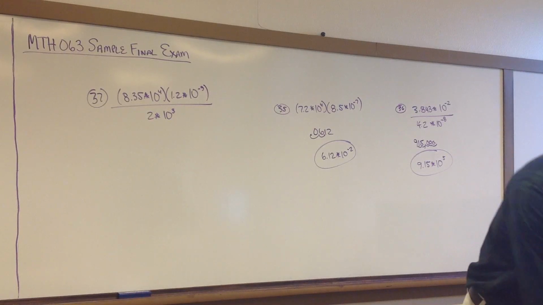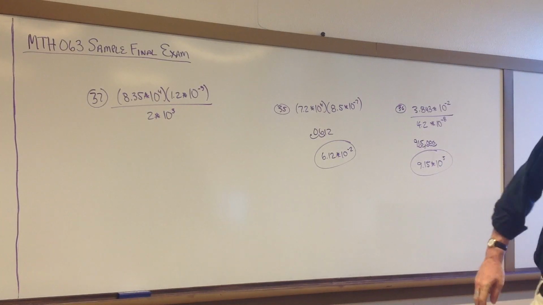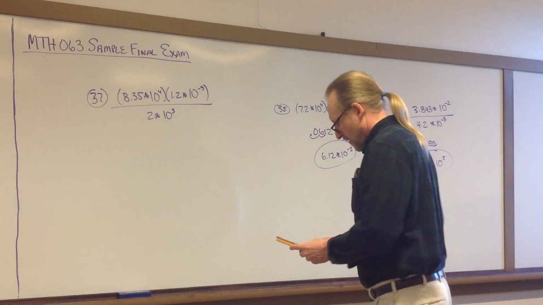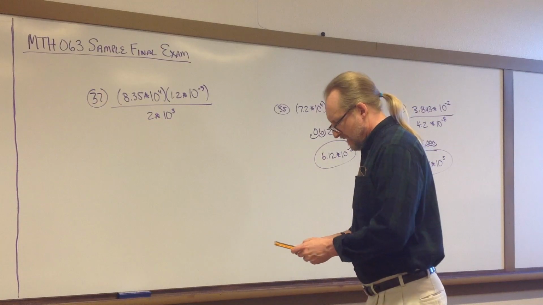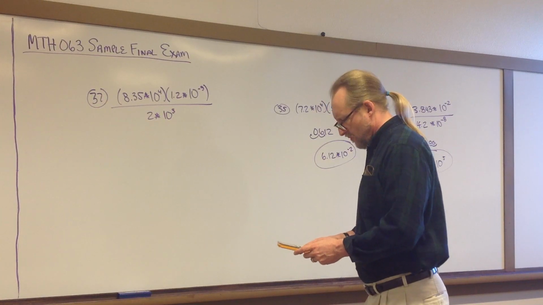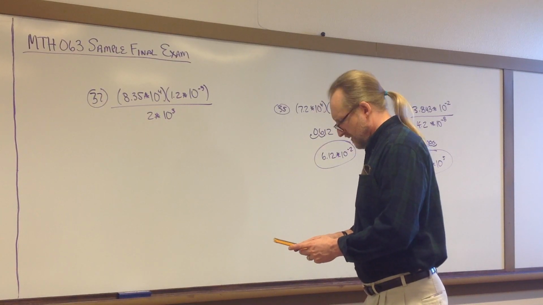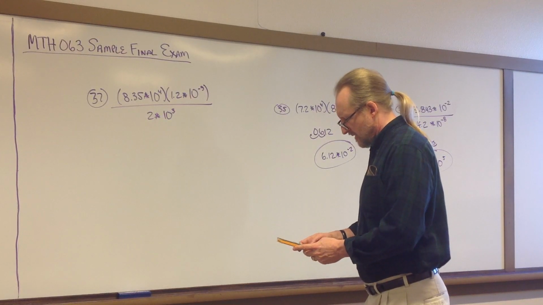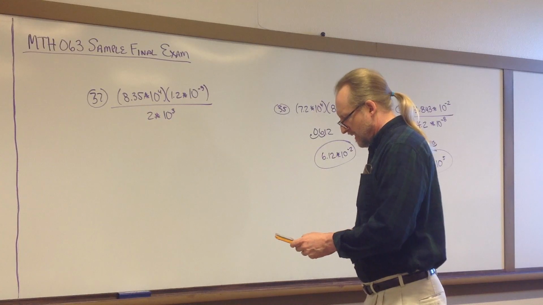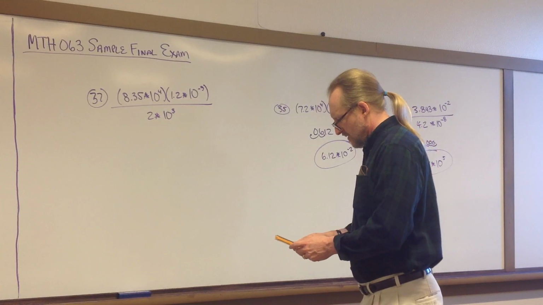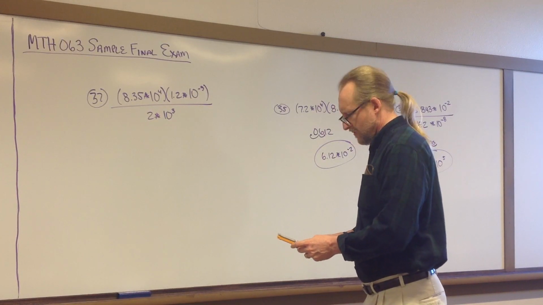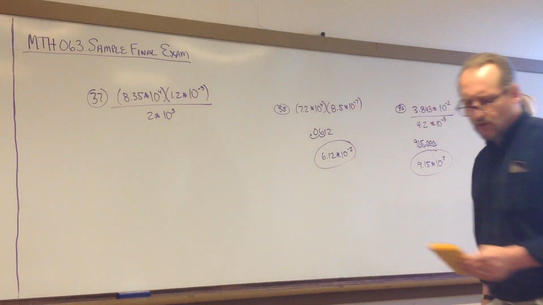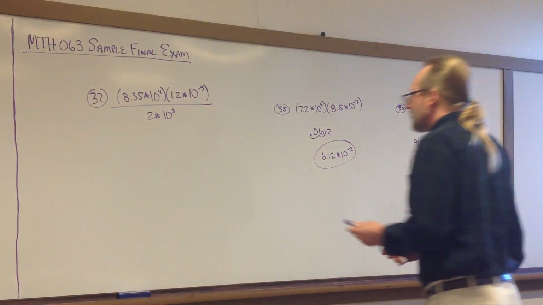Let's see here. So let's see what we get. 8.35, 10 to the fourth, and then 1.2 times 10 to the negative ninth, and then we'll divide that by 2 times 10 to the third. 5.01 times 10 to the minus 8.